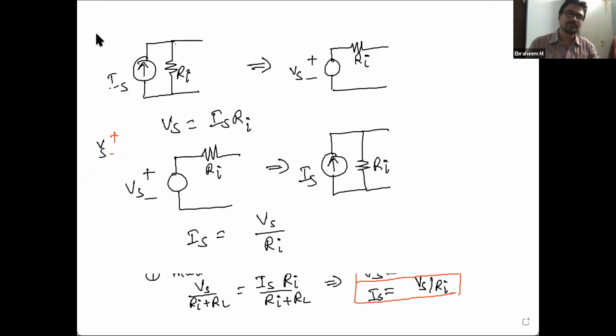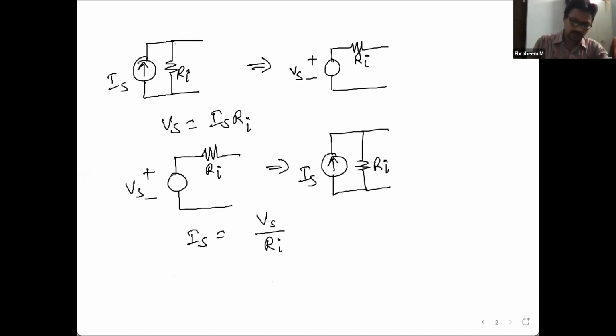Now there are two cases where we cannot do the source transformation.